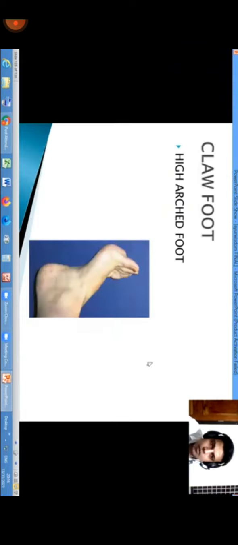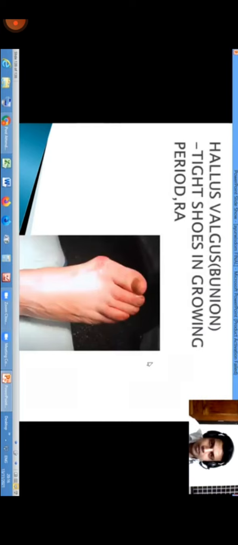Then claw foot. Claw foot is otherwise called high arch foot. This is also associated with neuromuscular diseases. And hallux valgus or bunion. The cause is tight shoes in the growing period, and rheumatoid arthritis may cause this hallux valgus. Surgery is the treatment for hallux valgus.